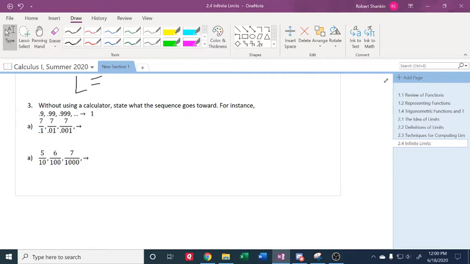It gets infinitely close to 1. Now, don't use a calculator, don't punch these into anything, just use your intuition. Figure out what kind of result you're going to get for each of these fractions. What is this sequence going towards, and what is this sequence going towards? Let me give you a minute.